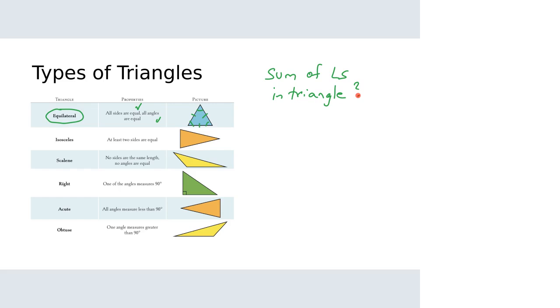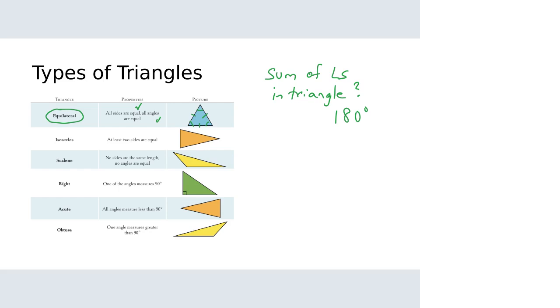But since we're talking about an equilateral triangle where all three angles are equal, it might be nice to know what the sum of the angles in a triangle are. If we added up all the angles in a triangle, what would we get? Okay. I'll just go ahead and give you that one then.